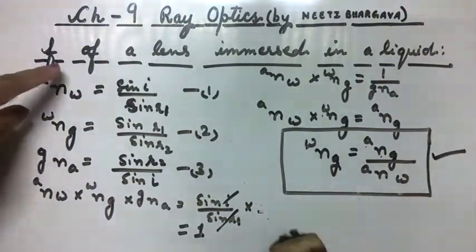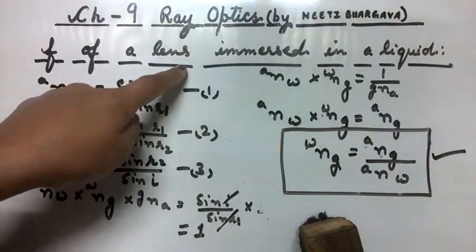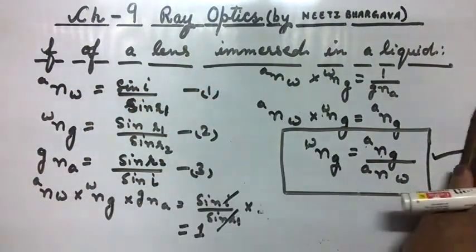Now let's calculate the focal length of a lens which is immersed in a liquid.